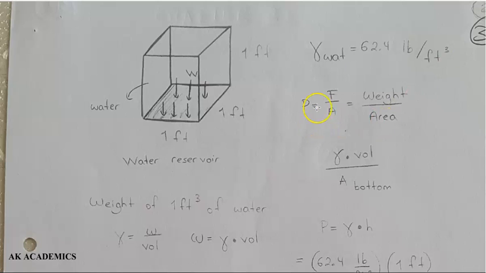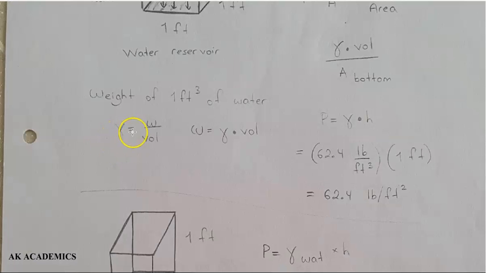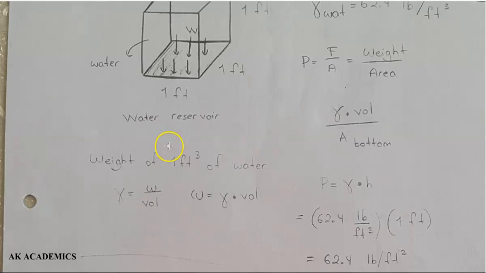Hence, pressure of water will be given as force over area, where force can be represented with the weight of water divided by the area the water occupies. Specific weight is equal to weight of water divided by the volume.